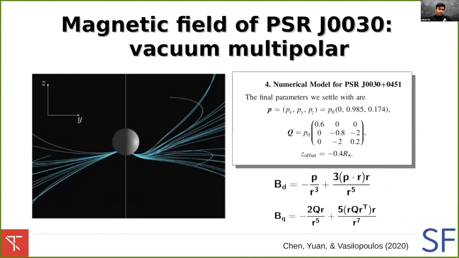Before going into this, we must understand what the geometry of the magnetic field of pulsars is.